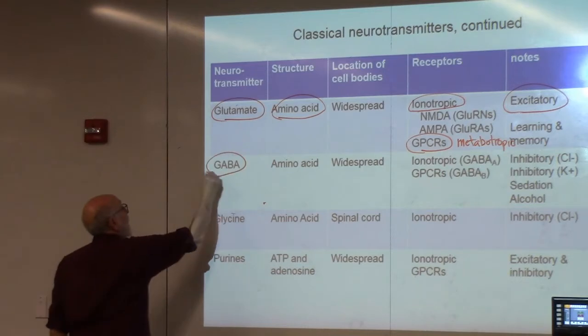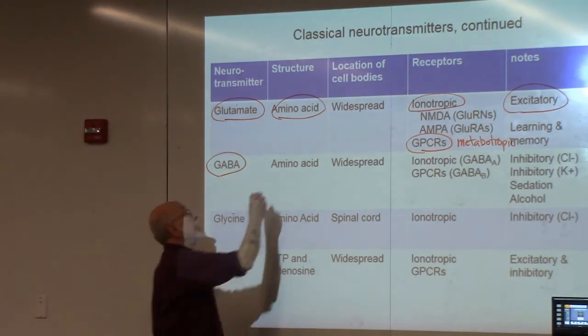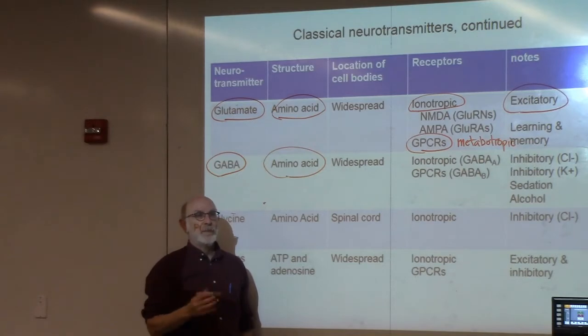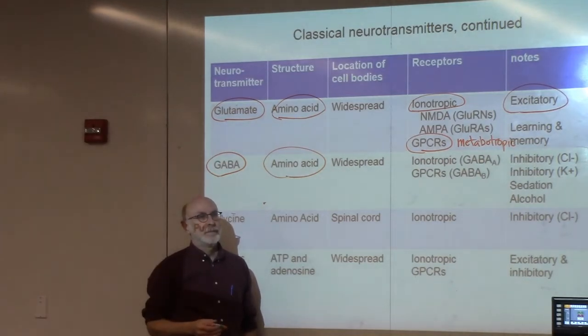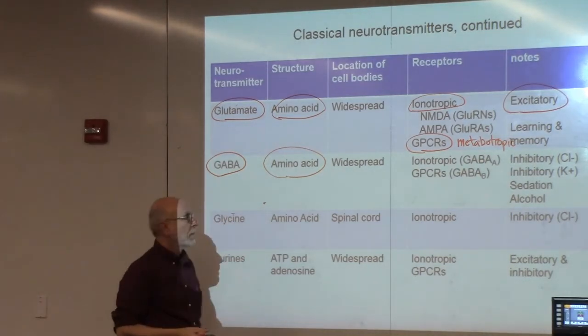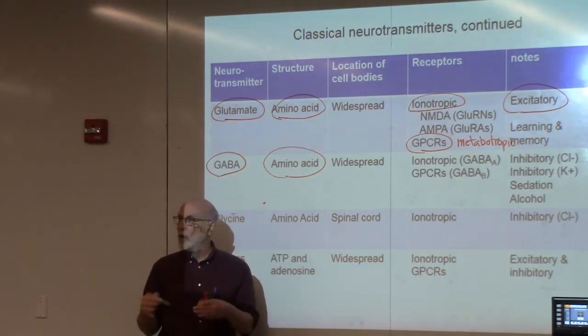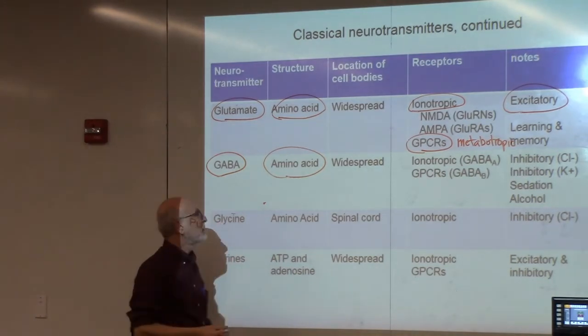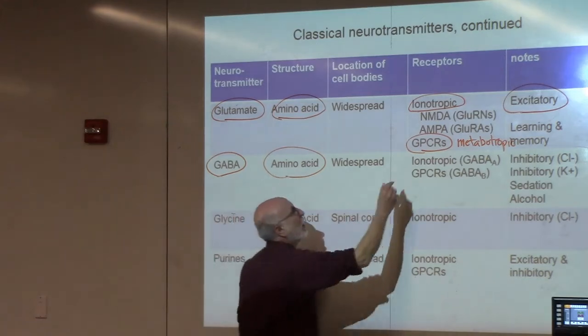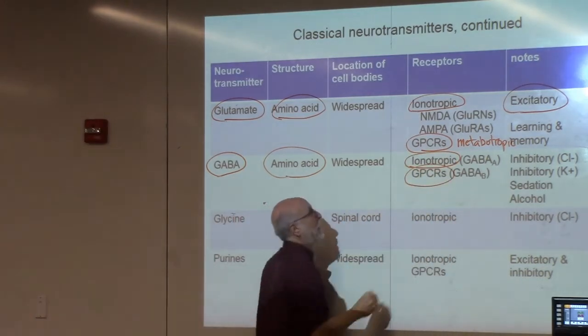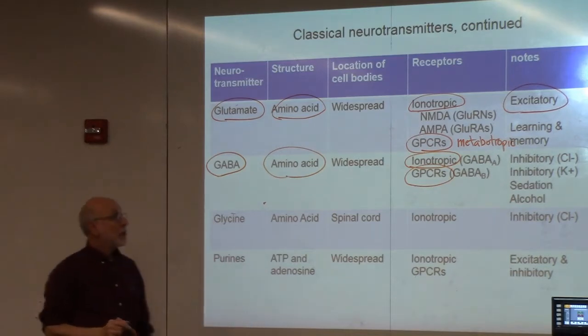GABA, you've already heard of GABA from the problem set. It is an amino acid, but it's not one of the amino acids we build into proteins. There are thousands of amino acids, and only 20 of them are used in proteins. There are ionotropic GABA receptors and metabotropic GABA receptors.